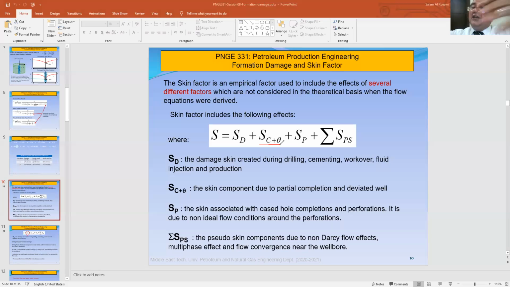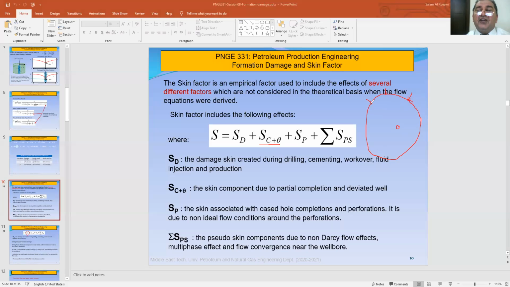But when reservoir fluid moves close to the wellbore, the cross-section area of flow will be small, because the fluid is going to move toward a single point in the porous media. So here is the wellbore, and here is the drainage area. The fluid is going to start from somewhere here.